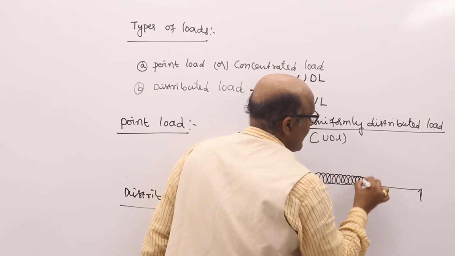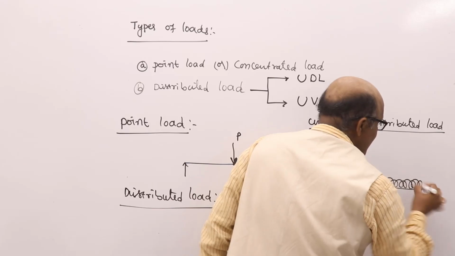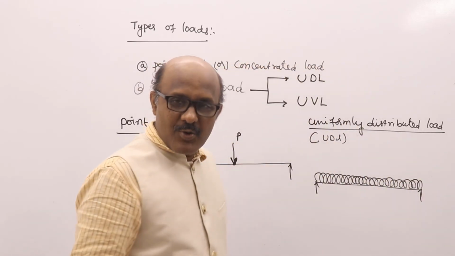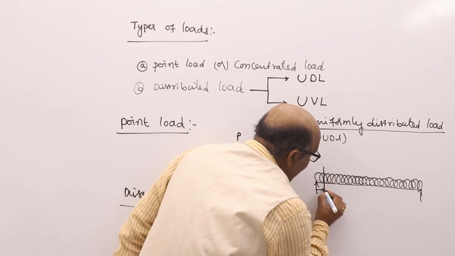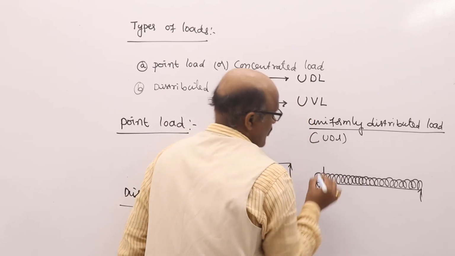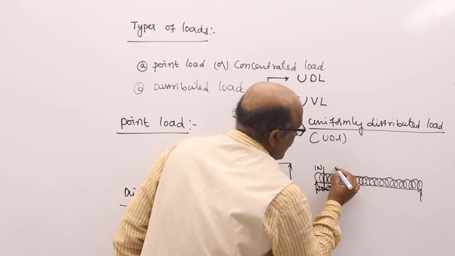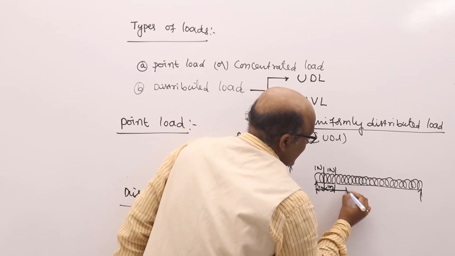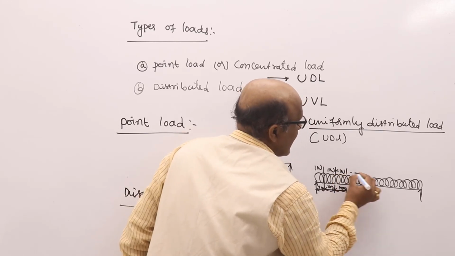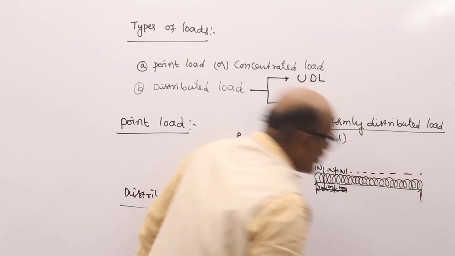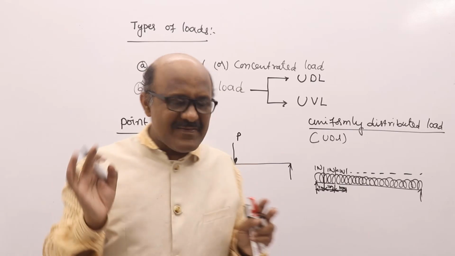Sir, what is the meaning of uniformly distributed load? For 1 meter distance, 1 Newton. Again, for another meter distance, 1 Newton. Like that, the load is distributed over the entire length or part of the length.